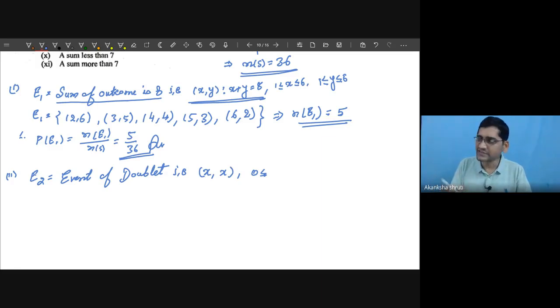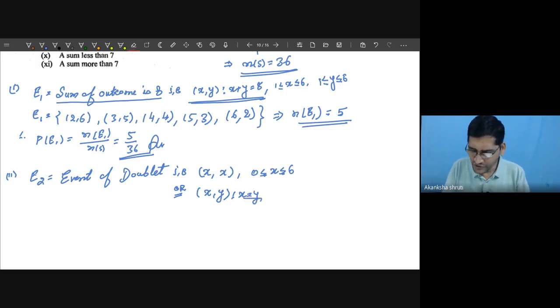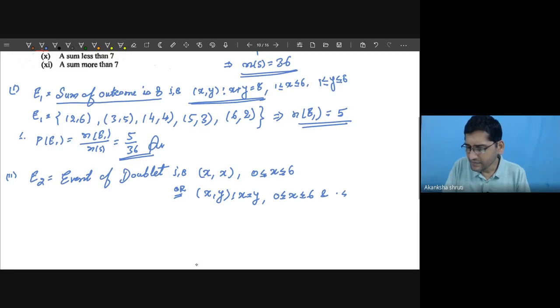Or even if you are writing x and y, then you shall write x equals y, and both shall vary from 1 to 6, so 1 less than or equal to x less than or equal to 6. Another way of writing the mathematical form is this way: one may prefer to write (x, y) such that, using the colon symbol, x equals y, and we can put the condition over any of them, 1 less than or equal to x less than or equal to 6, then obviously we will also get the same condition for the inequality of y.